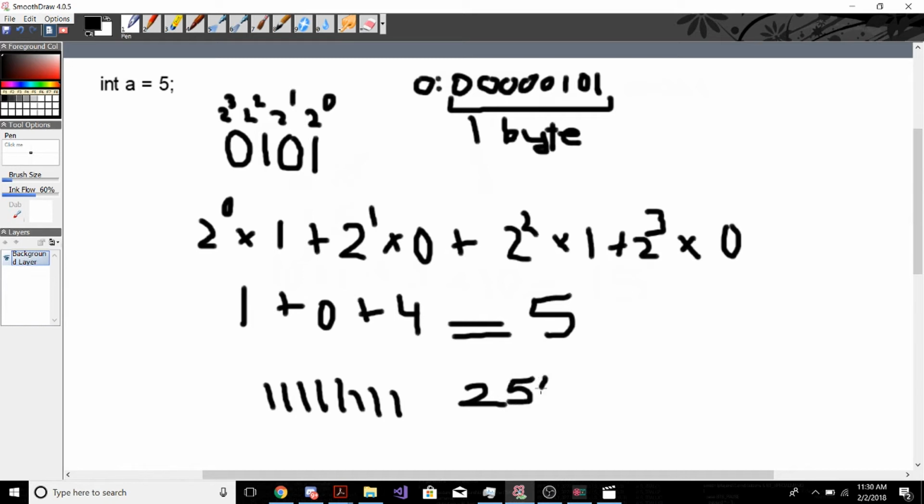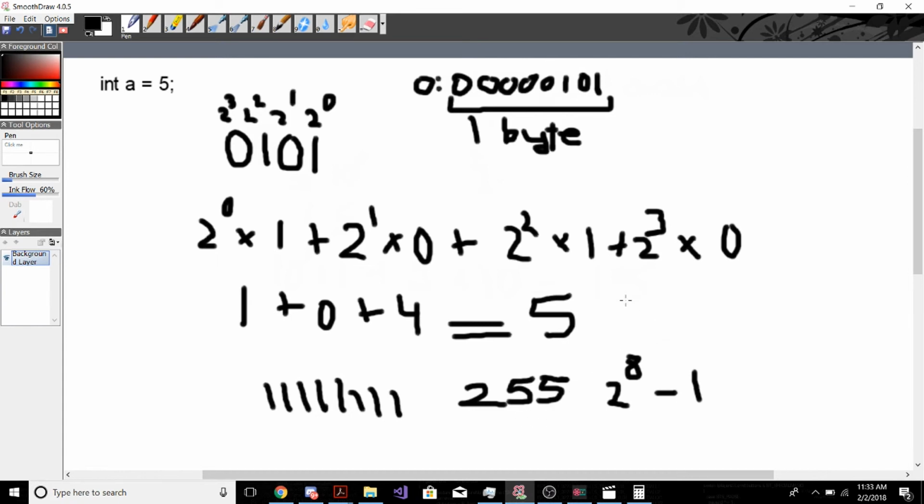Or in other words, 2 to the 8th power minus 1. The 2 to the 8 means we're using 8 bits. So the maximum number it can represent is 2 to the 8th power minus 1. The number of combinations it can represent is actually 256, including 0, and we subtract 1 from it to get the maximum number, which is 255.